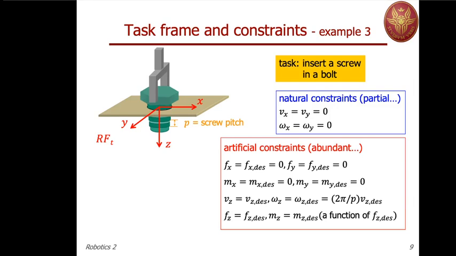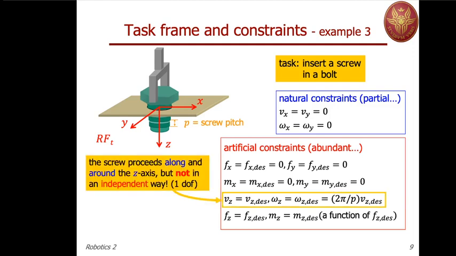So we can apply a force along the z-axis, and this is in fact true because we have the side of the bolt inside that opposes forces, but accordingly we will have also a momentum, and this momentum will be a function of Fz desired. So this is critical, and here we could be lost if we would like to express directly this relationship. But we will see that the formalism of feasible motion and feasible reaction forces will help us immediately.